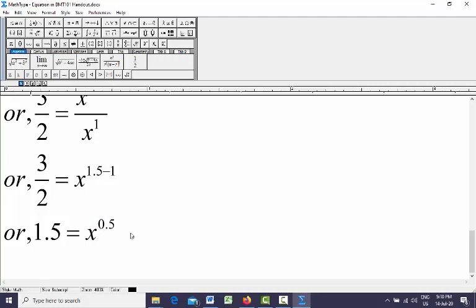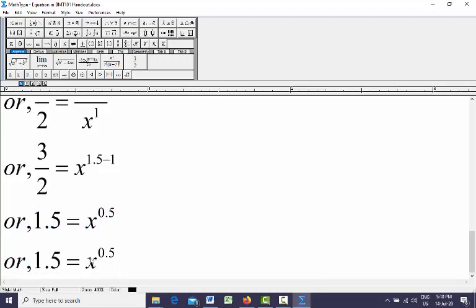So now what will we have? We can write this one on the left hand side, and this one on the right hand side.